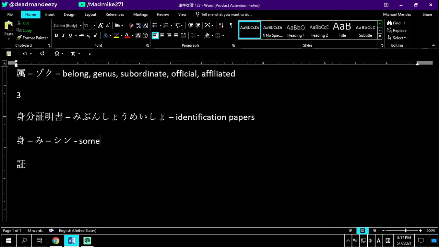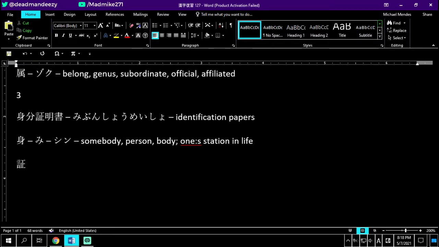This means somebody, a person or a body. It can also mean one's station in life. Mi or shin is somebody. We've seen this kanji used in other things. Ayamaru specifically is, when you're talking to somebody else and measuring how they feel about you, to apologize. But mi or shin is somebody, a person, or a body. It almost looks like a person.